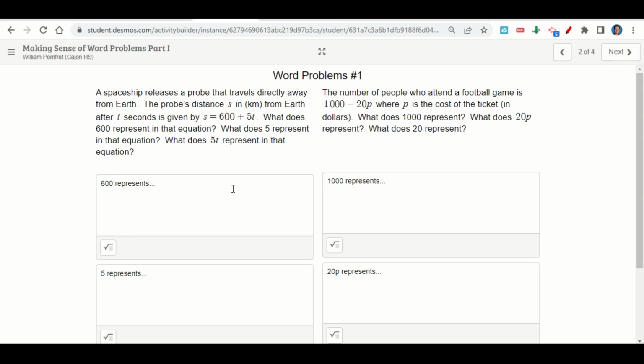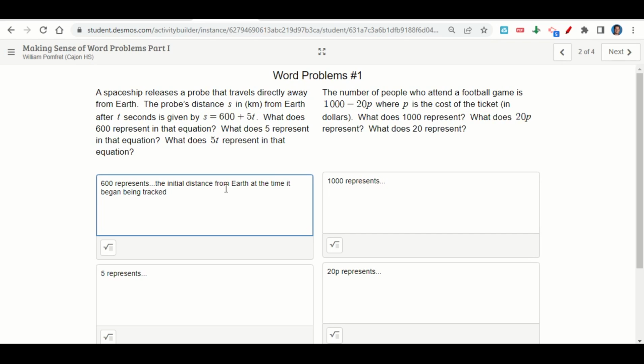So the first one says, a spaceship releases a probe that travels directly away from Earth. The probe's distance s in kilometers from Earth after t seconds is given by s equals 600 plus 5t. What does 600 represent in that equation? What does 5 represent? And what does 5t represent? So 600 represents the initial amount, right? So how far it was from the beginning. So it represents the initial distance from Earth at the time it began being tracked.